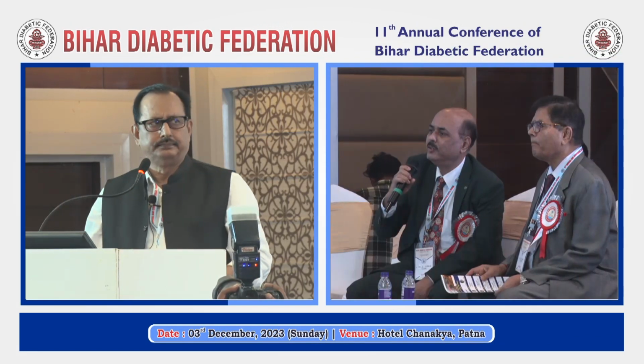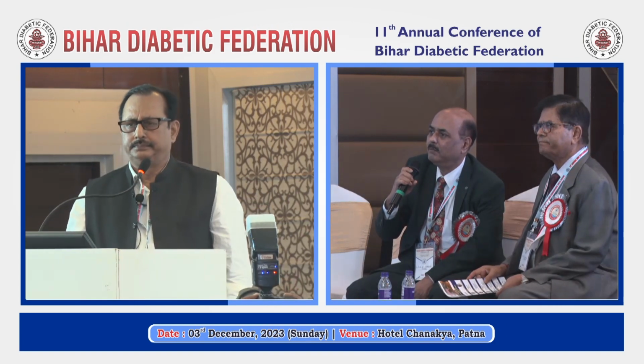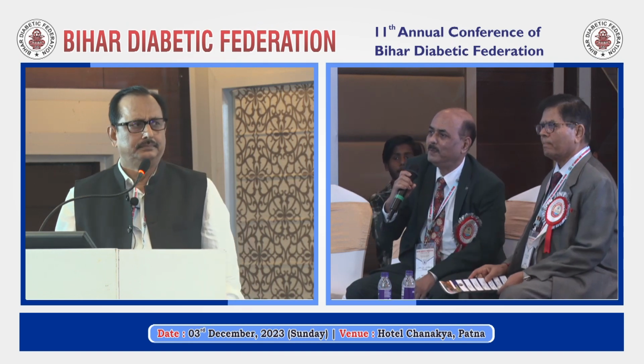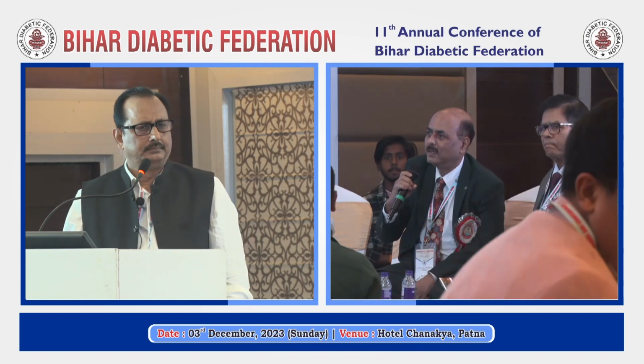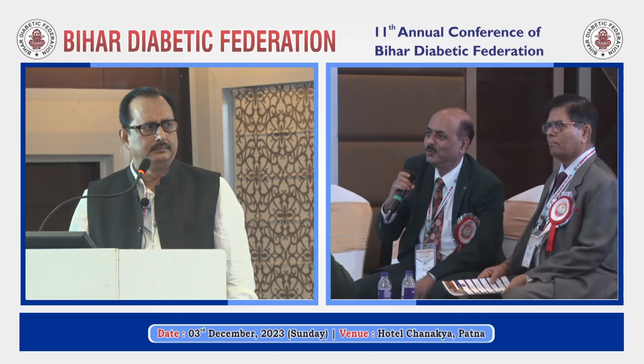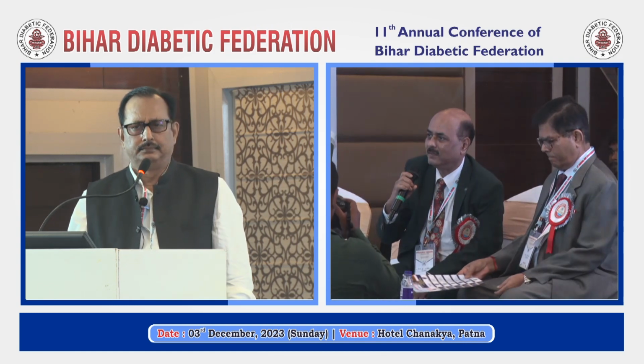And with generation 2, there are fewer chances of hypoglycemia overall, and especially nocturnal hypoglycemia in certain situations like old people and patients with cardiovascular disease, renal insufficiency, etc. So to talk about generation 2 basal insulin, we have Dr. Ajay Kumar, and he will start the deliberation.